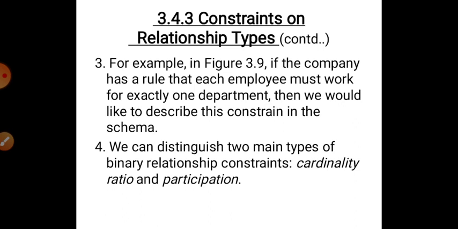We can distinguish two main types of binary relationship constraints: one is cardinality ratio, another is participation. This we shall study in the next slides.